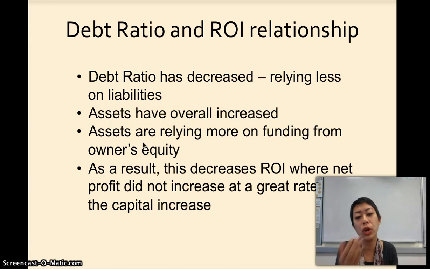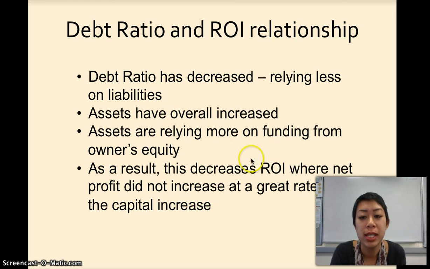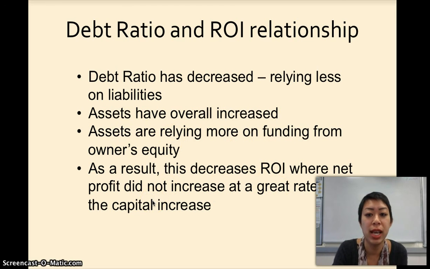They were relying more on owner's equity. And as a result, this decreases ROI. When the denominator increases, we've got more capital, so the overall ROI would decrease, since net profit didn't increase at a greater rate than the capital increase. And this is the end of the video.